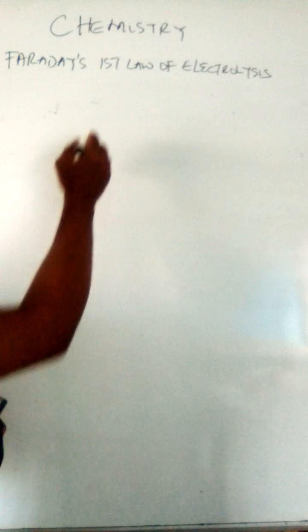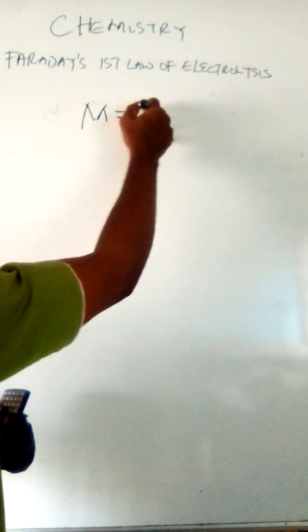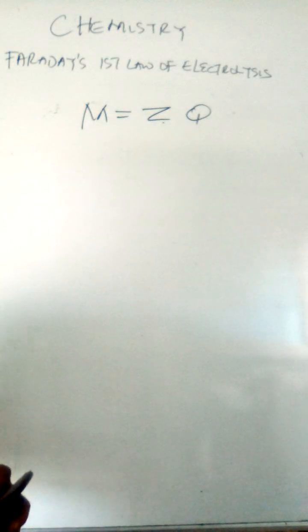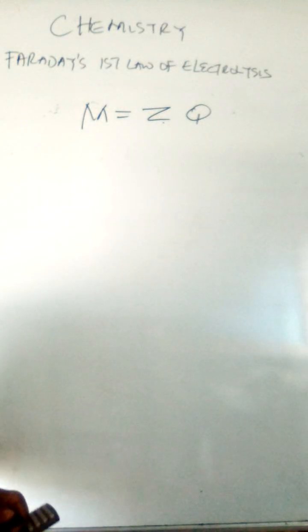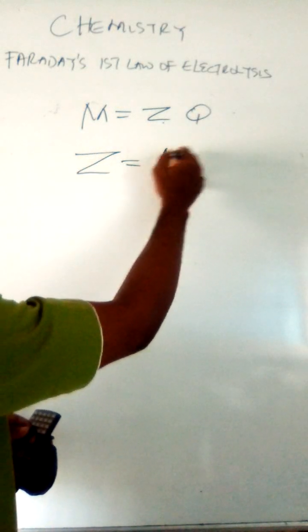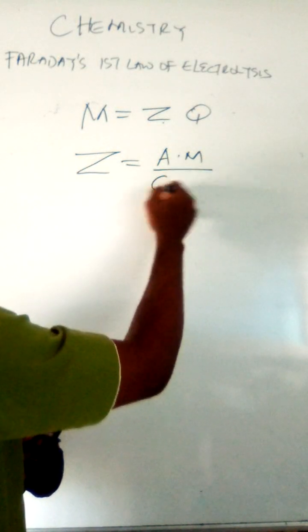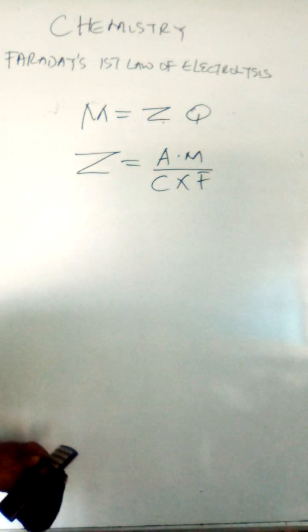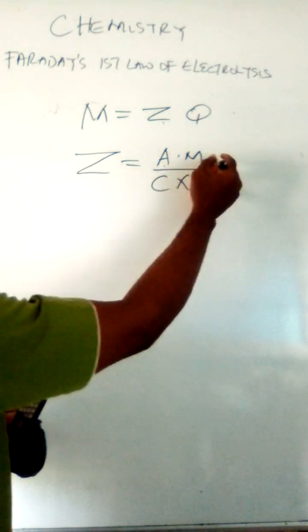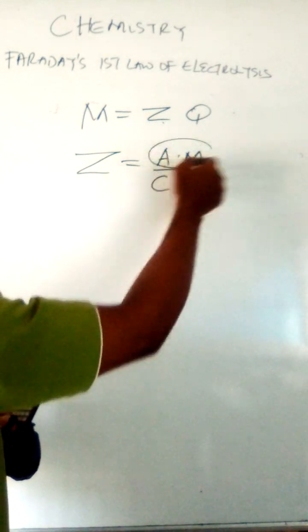To go back to the first law, M equals ZQ. Z is the electrochemical equivalent of the element. This Z is defined as AM over C times F. So the electrochemical equivalent is given by the atomic mass, this is the relative atomic mass of the element.